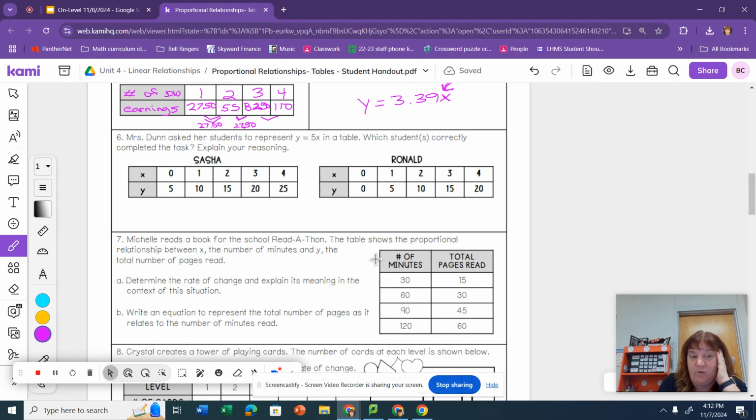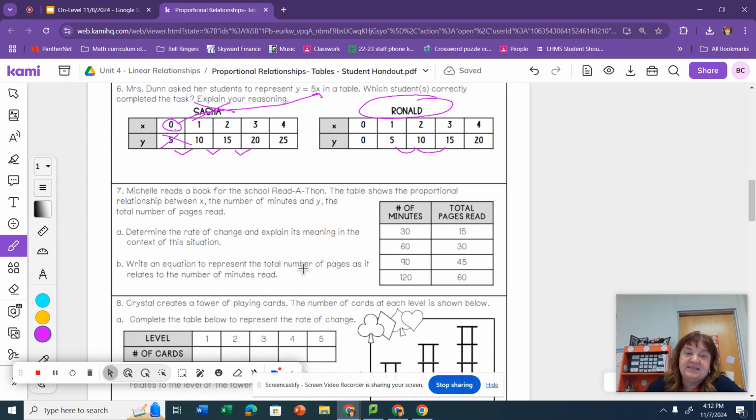Well, this one right here, it does add 5 each time. However, we're starting with 5. And if I did 0 times 5, I wouldn't get 5. That would be wrong. So it's not Sasha. This one, look, we're adding 5 each time. So Ronald is correct.